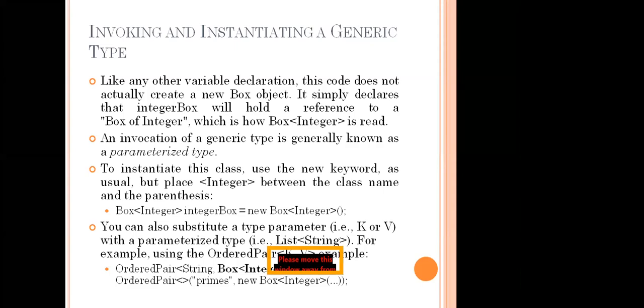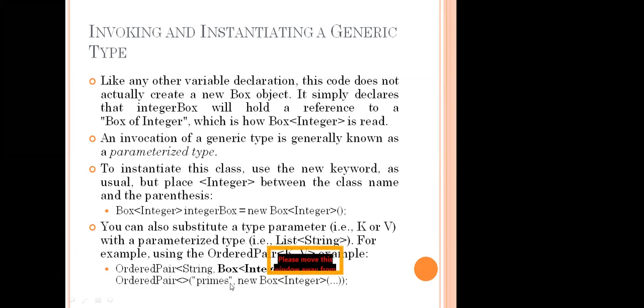So if I mention it like this, the same way as how to create an object for a class, that is class name, object name equal to new class. Same here also, p equal to new OrderedPair, and primes.